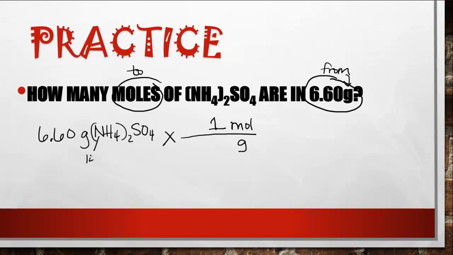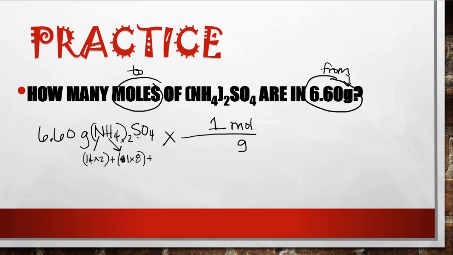So N is 14. Well, I have this 2 on the outside, so we have to remember 2 goes to the H and 2 goes to the N, so I have 14 times 2. I'm going to add that to hydrogen, which is 1 times 4 times 2, or 1 times 8.